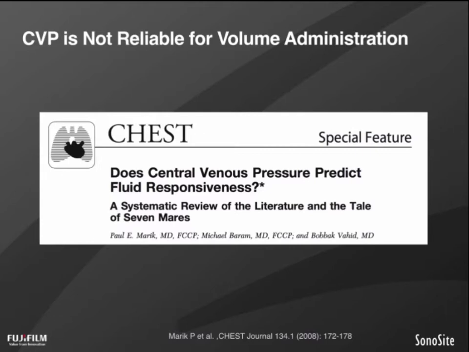With this paper and many other experts pushing to remove CVP from standard resuscitative bundles, such as the Surviving Sepsis Campaign guidelines, it's safe to say that using the IVC as a surrogate of CVP is of little value for us in the whole battle of volume responsiveness.